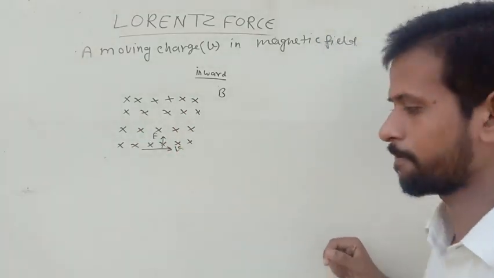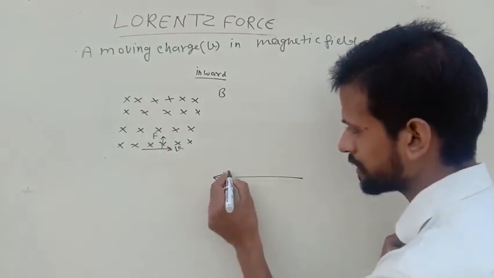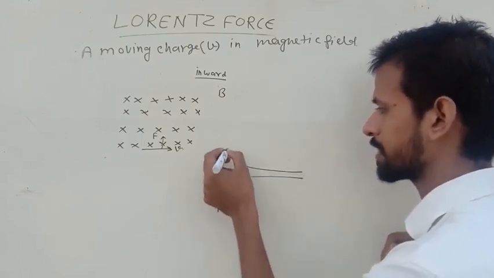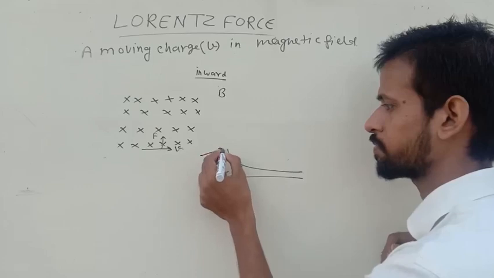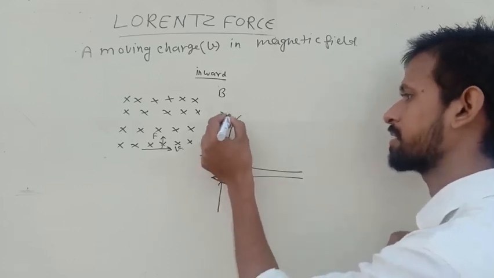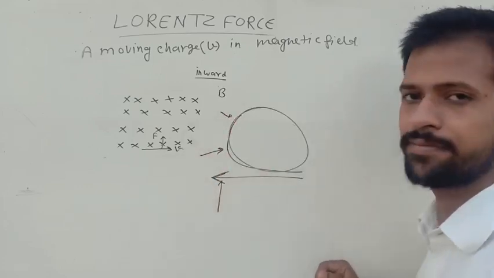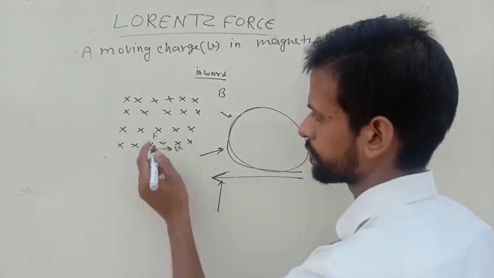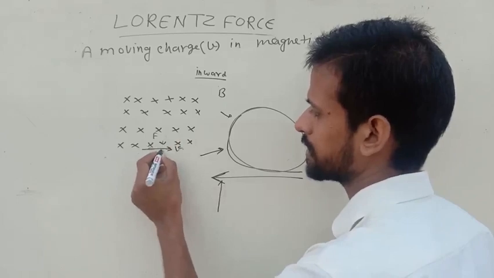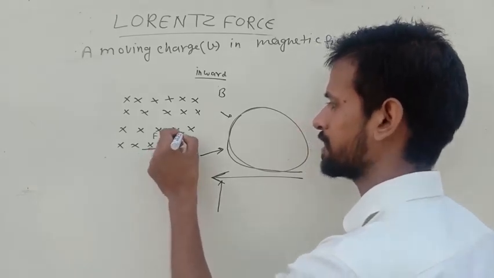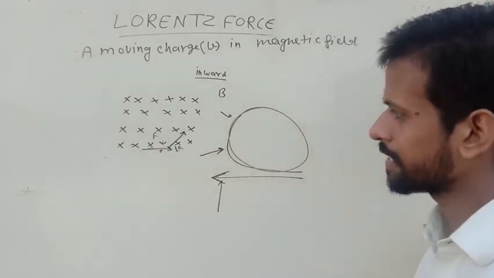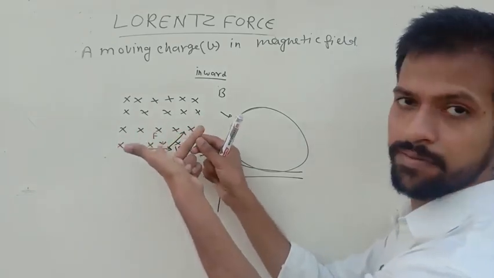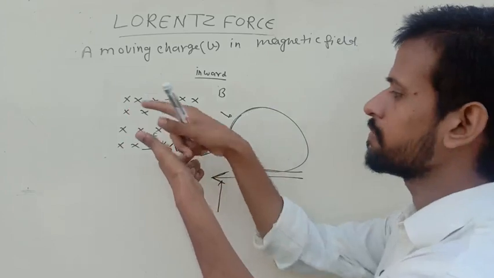Then what will happen? An object is moving in this direction and force is perpendicular to this. Then if it goes like this, again this force is perpendicular, then it goes like this, and this performs circular motion. In a similar way, let us suppose force is in this direction, then it will move like this. Again, this is the direction of magnetic field, this is the direction of velocity, so this will be the direction of force.